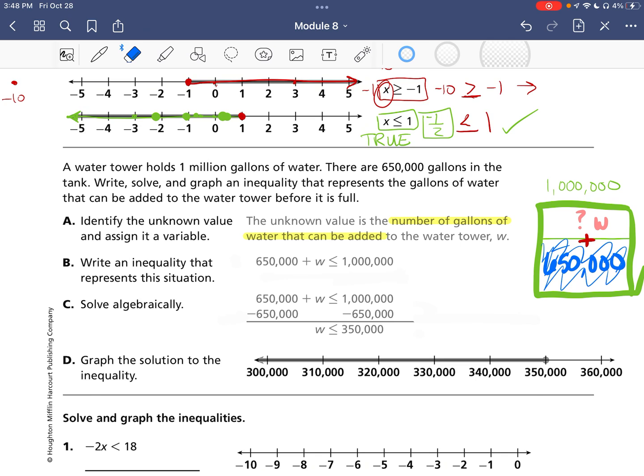Anything between 0 and 350,000 gallons is your solution to this inequality. And we're going to have a closed dot because it could go all the way up to the top of the tower and equal that height, but it just can't go over.